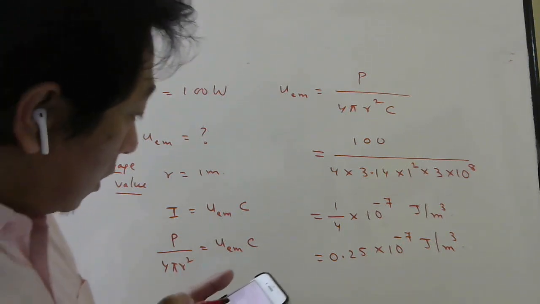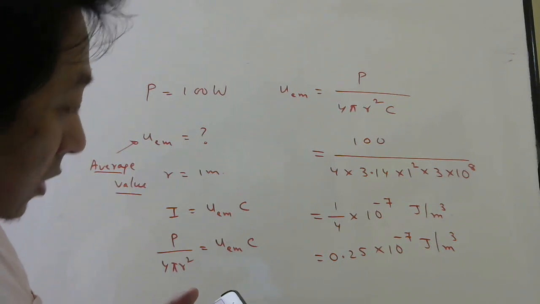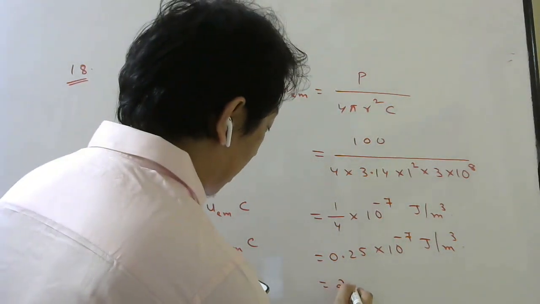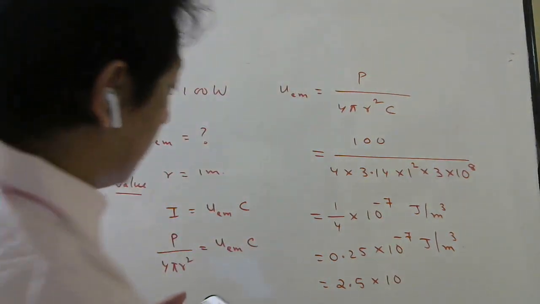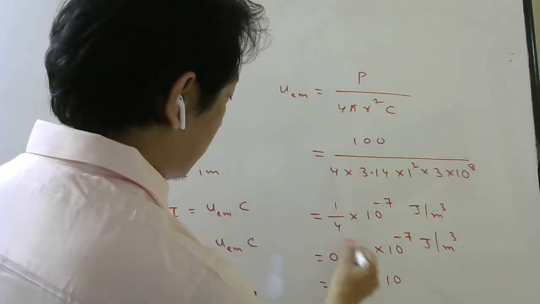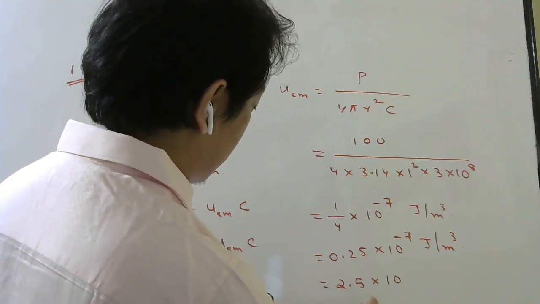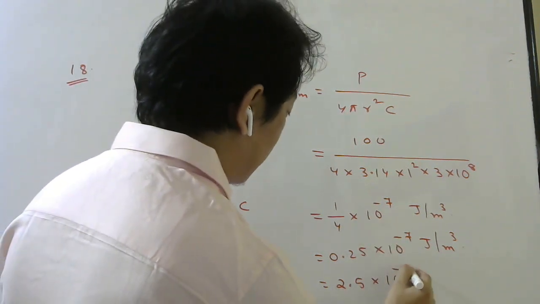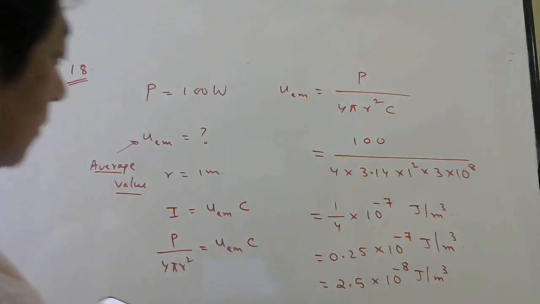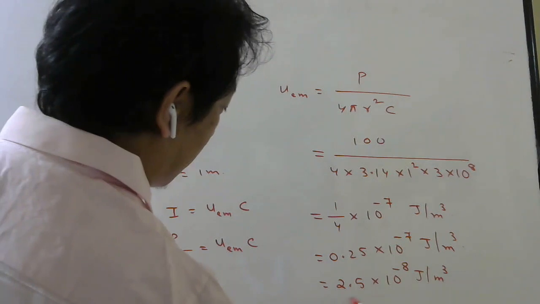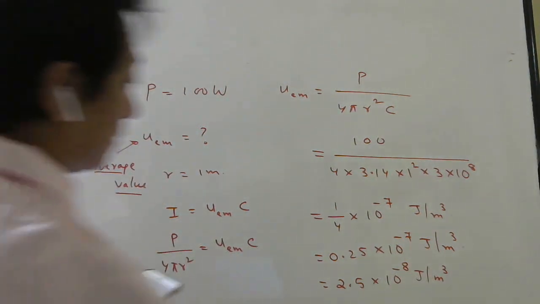I think option C will be closest because 2.65. So if I write this as 2.5, it will become 10 power minus 8, right? Because to do this, I have to multiply and divide by 10. So that 10 will go up. So minus 8. To write this way, I have to divide by 10. The 10 will go up. So this is option A.